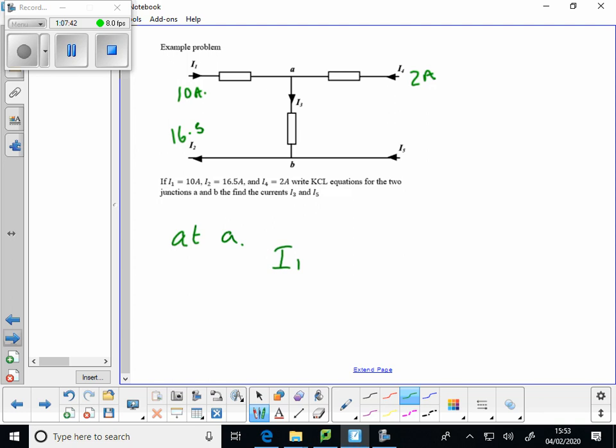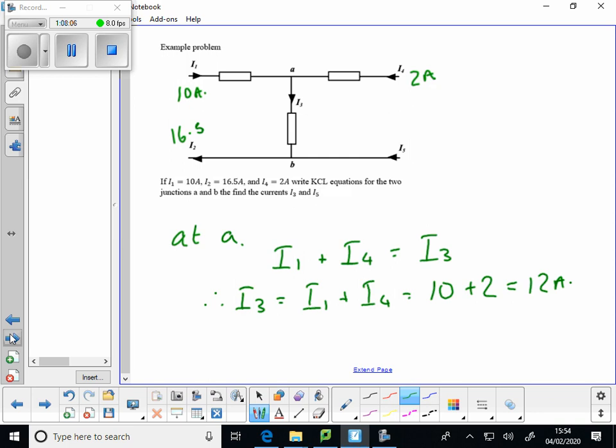I1 plus I4, and the only one leaving is I3. Therefore, I3 is equal to I1 plus I4, which is 10 plus 2 equals 12 amps. Yeah?